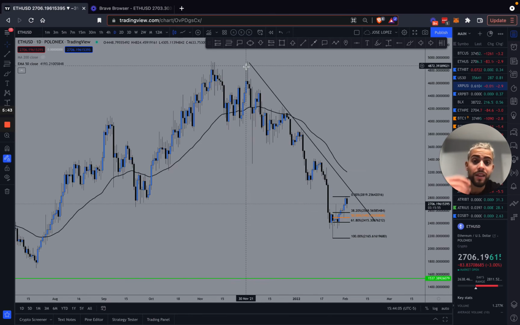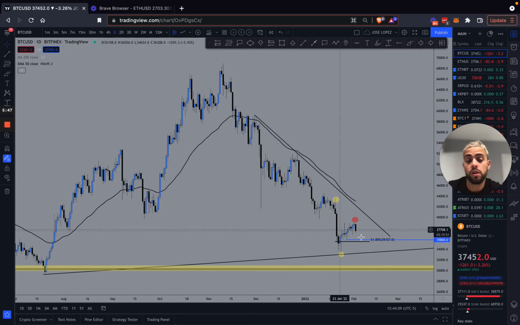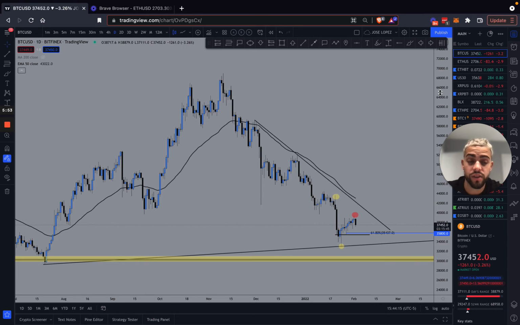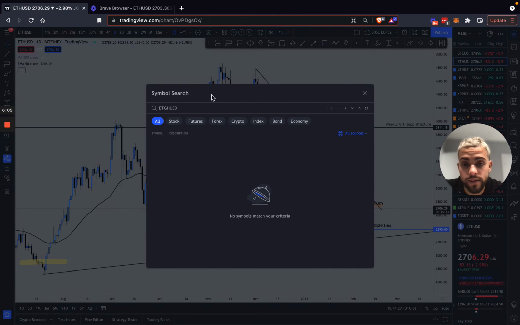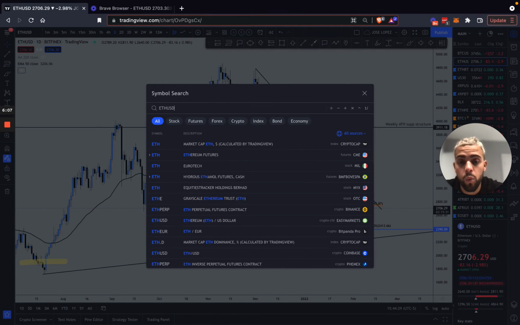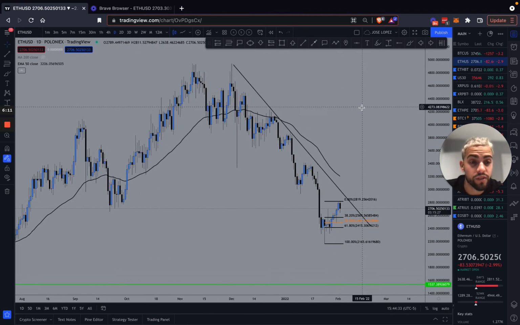Like we all were expecting that Bitcoin was not going to come down to the 30s again, and here we are. We all thought that by the end of the year it was going to be 100,000. The majority of people were waiting for 100,000, and guess what? It didn't happen. So we will most likely keep seeing, as we have been seeing throughout the entire history of the markets, that we will not get what the majority of people are waiting for. That's why we have to think a little different.